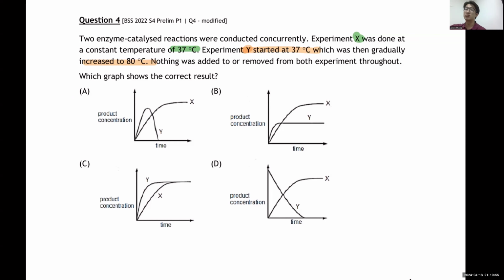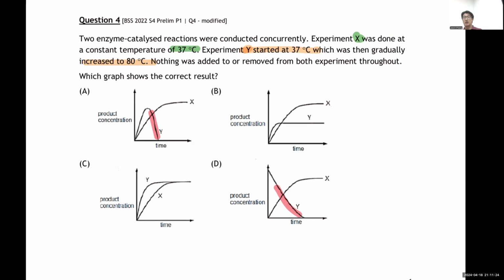No, the product concentration should stay constant. In experiment Y, there should not be any decrease, because a decrease would mean less production. All I'm telling you is I cannot produce products anymore, so product concentration should not go down.